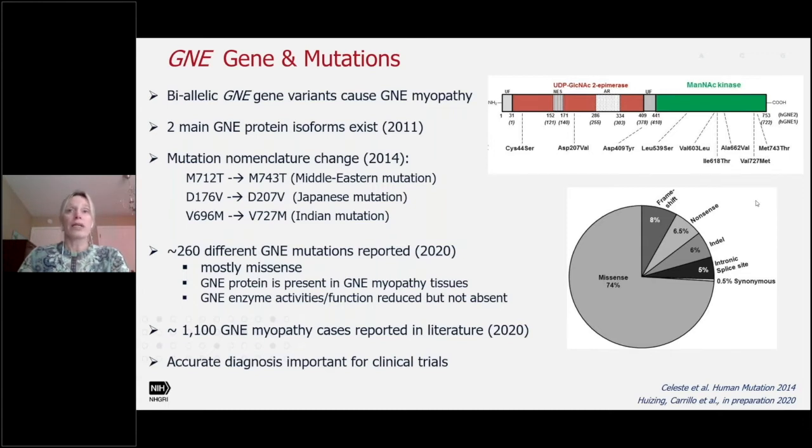So we are currently preparing a manuscript to publish with all mutations reported, which is an update from our 2014 paper. But we also include all reported patients in the literature with their biallelic mutations.